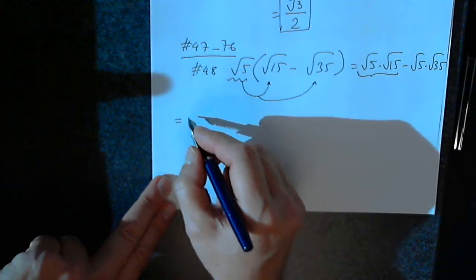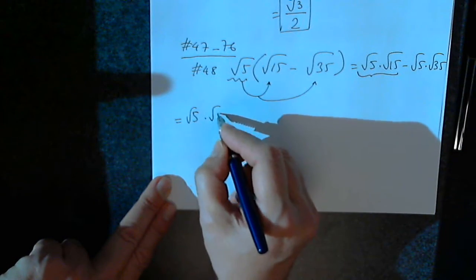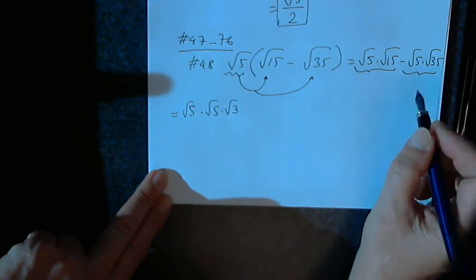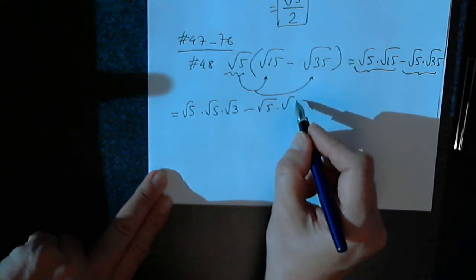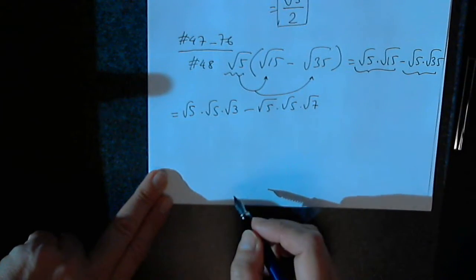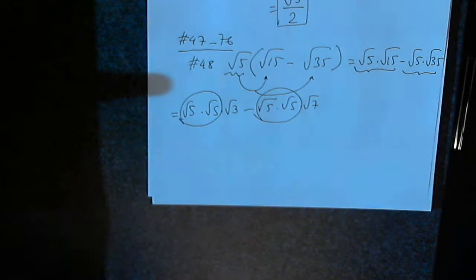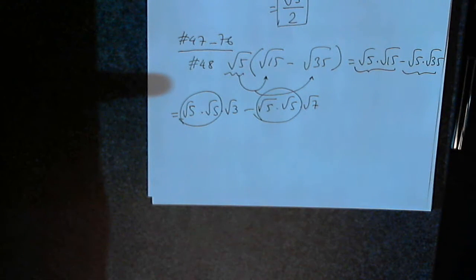This product has the square root of 5 times the square root of 5 times the square root of 3. And this product has minus the square root of 5 times the square root of 5 times the square root of 7. Because it's very easy to see what I should do next, instead of multiplying, getting a big number, and then going backwards and asking how to simplify this. But yes, you can multiply if you want to.